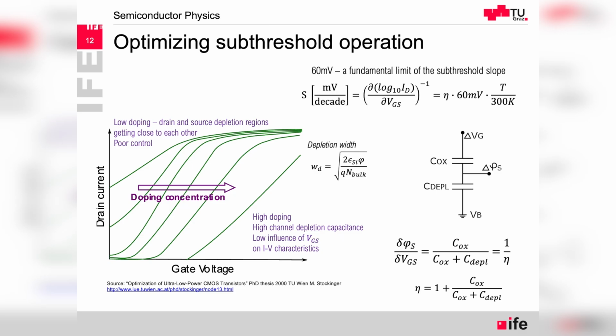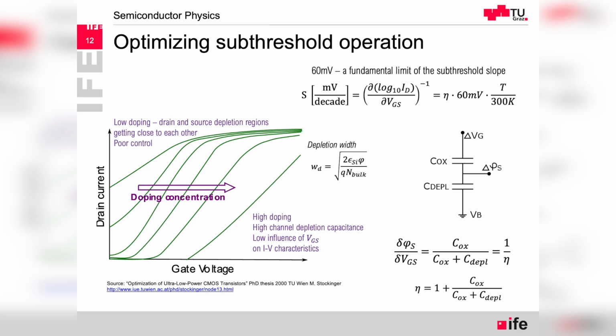The first thing worth knowing is that there is a fundamental limit of the subthreshold slope. The subthreshold slope can be described with this fundamental limit as eta times 60 millivolts times the temperature divided by 300, so the room temperature operation.